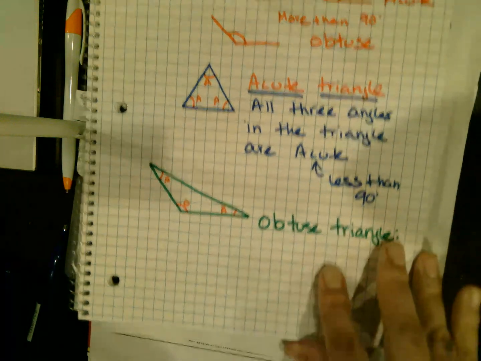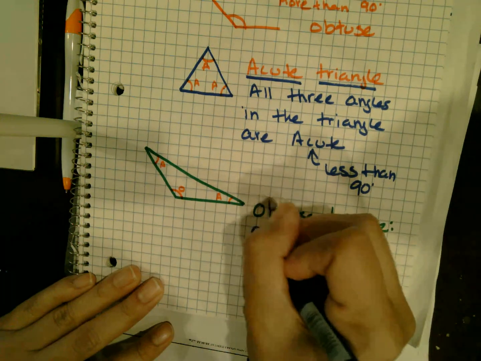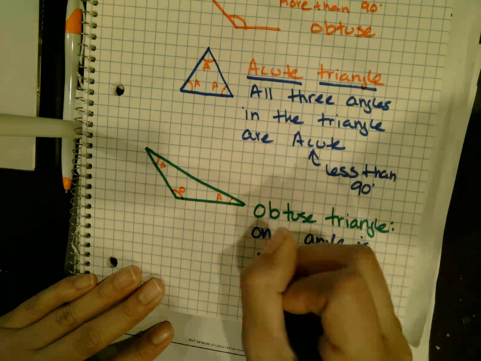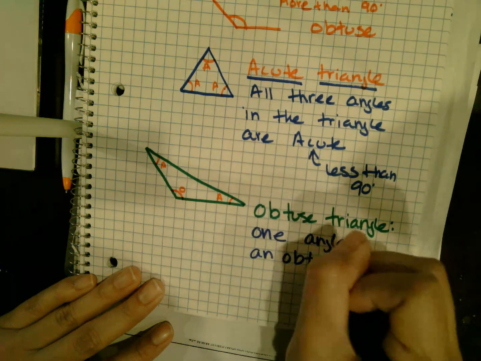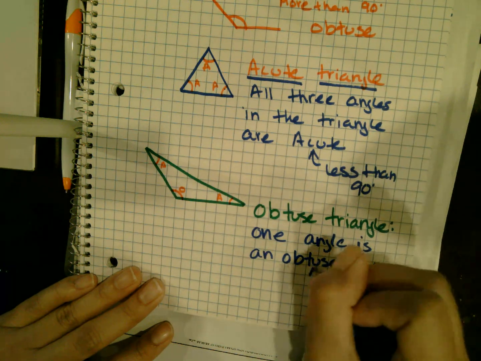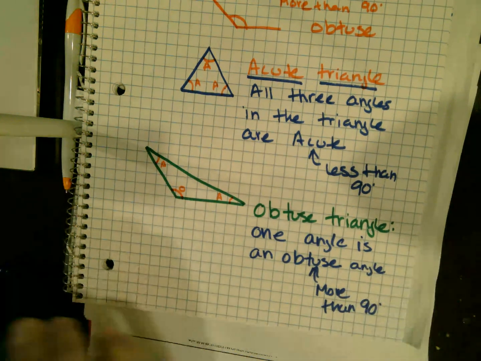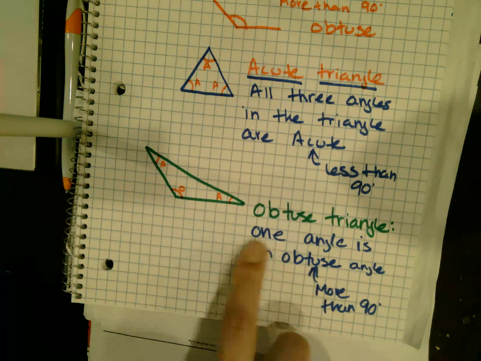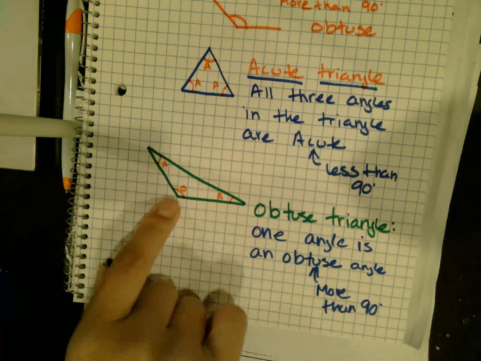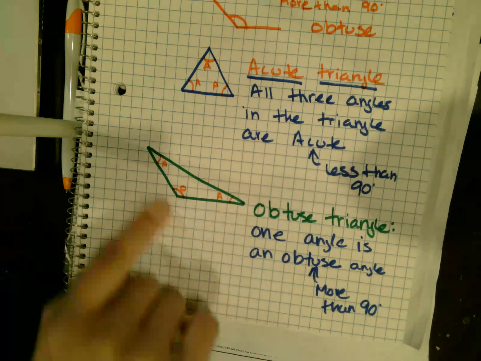When it comes to an obtuse triangle, all you need is one angle that is obtuse. What is obtuse? More than 90 degrees. So because I have one angle that's more than 90 degrees, the whole thing is called obtuse. It's like this one has more power.